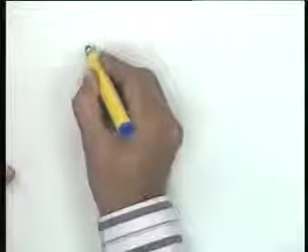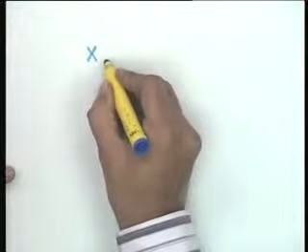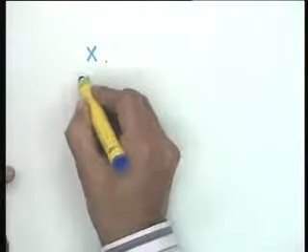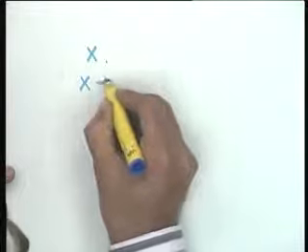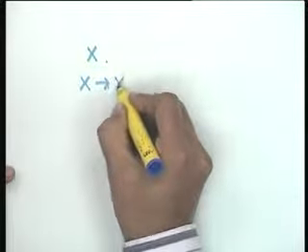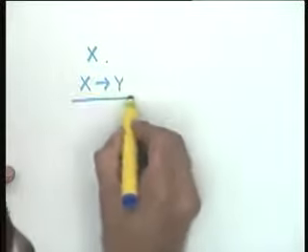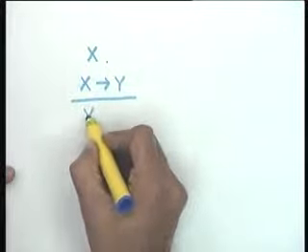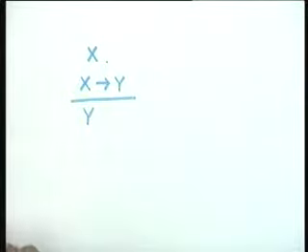Yeah. So if you were to take a simple logical rule, let's take modus ponens, what you have is, I'll write this, you have a predicate x, you have a predicate x arrow y, and you have y. Okay.